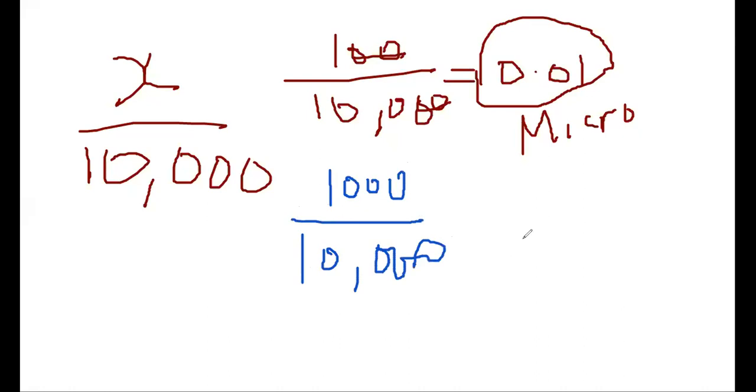Do your mathematics very well. Zeros cancel zeros. 1 divided by 10 is what? 0.1. So this is a mini lot size. A mini lot size is a lot size that ranges from $1,000 to $9,000.